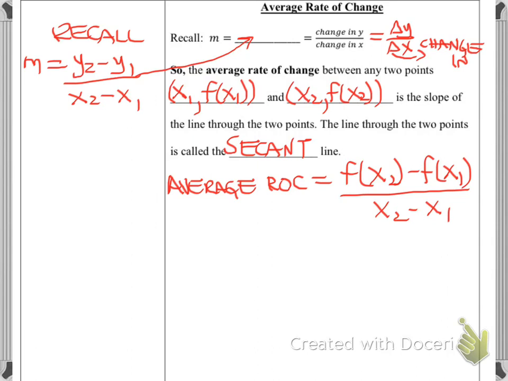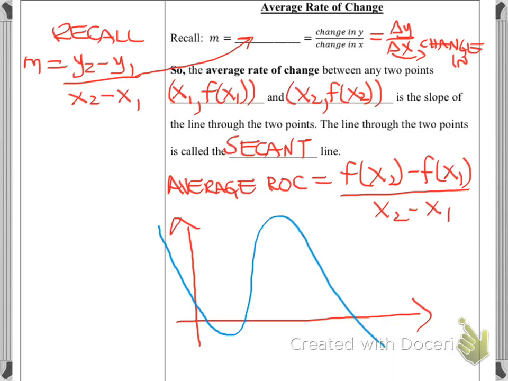And visually, graphically, let's say I have some graph of some function here, and I'm going to pick just any 2 points on it.